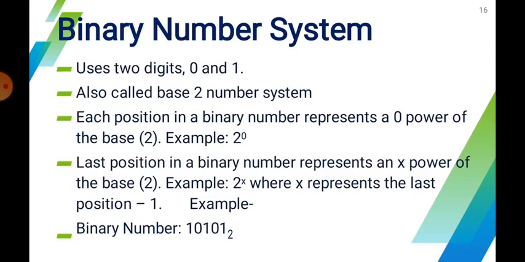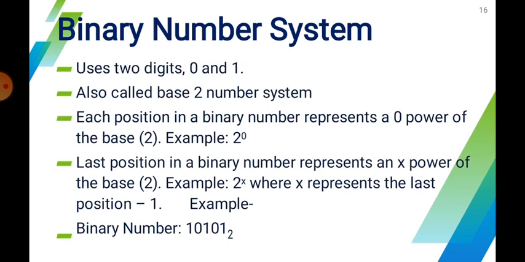It is very difficult to design electronic equipment that can work with 10 different voltage levels, with each level representing one decimal character from 0 to 9. On the other hand, it is very easy to design simple, accurate electronic circuits that operate with only two voltage levels, that is 0 or 1, meaning, as I told you earlier, the absence of the data and the presence of the data.